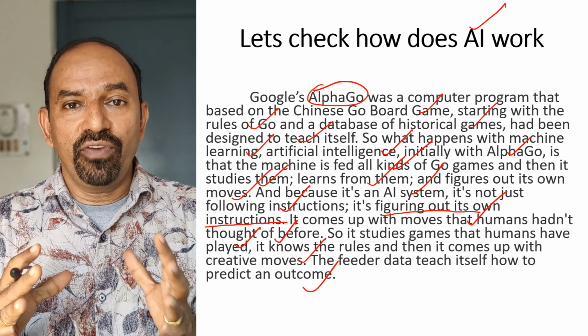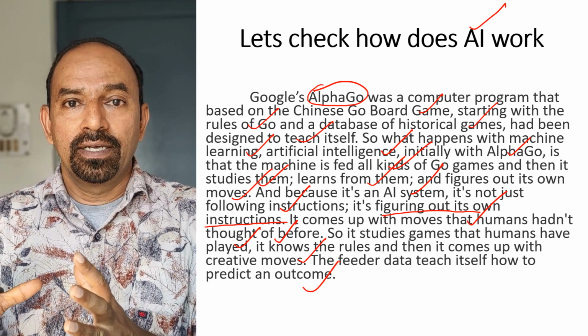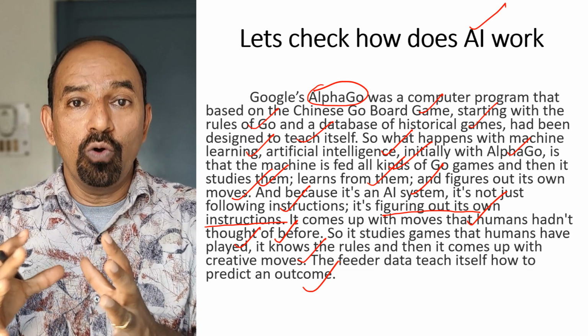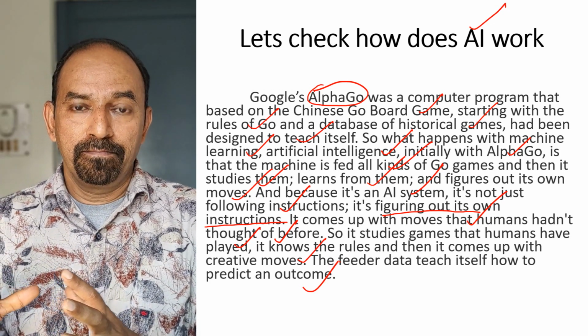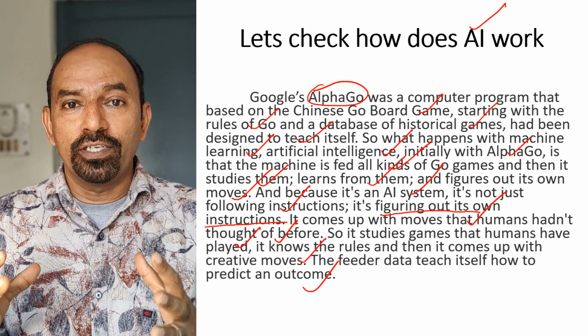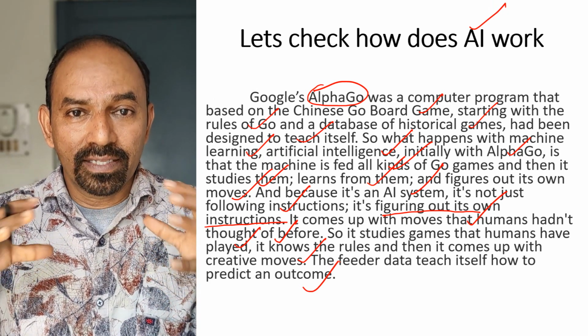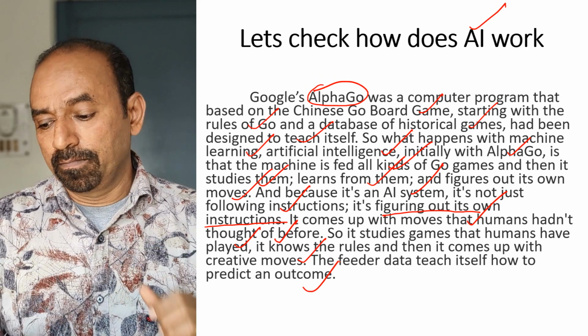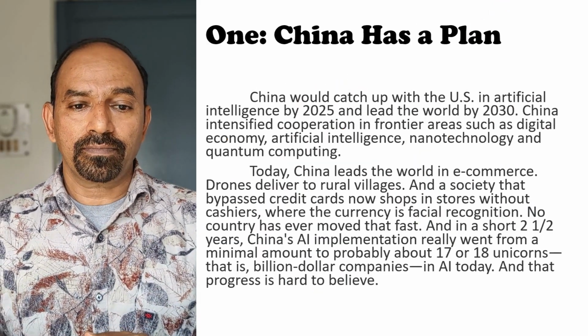In that way the computer defeated the champion of the Go board game, because the computer made its own movements by analyzing the data already fed into it. Let us move on to the next page.